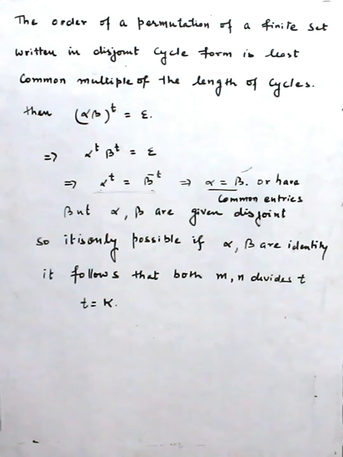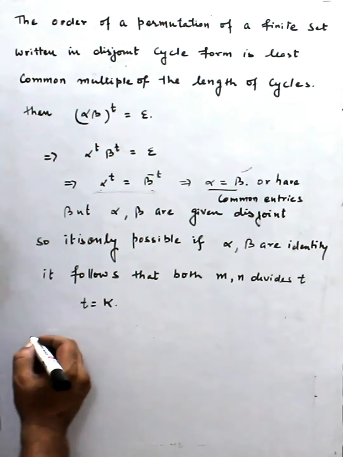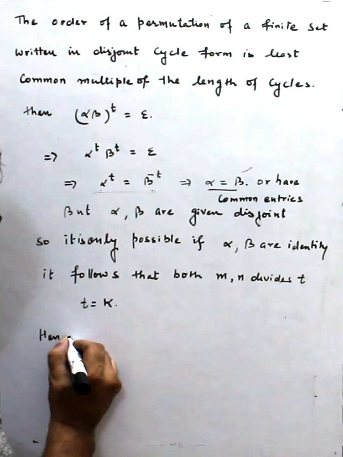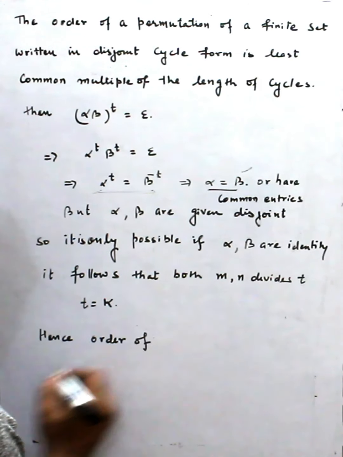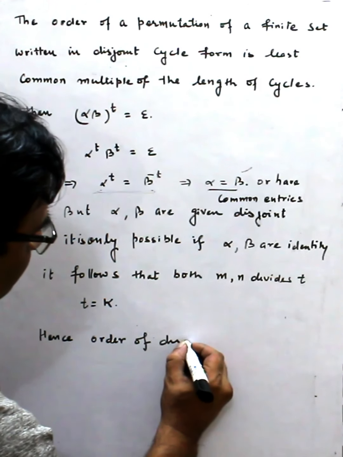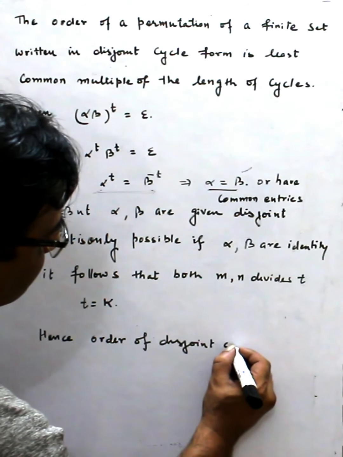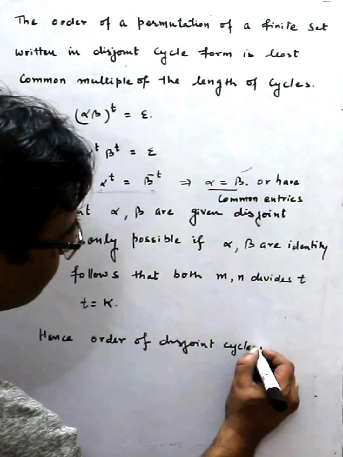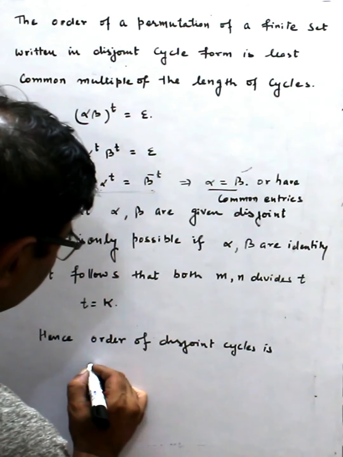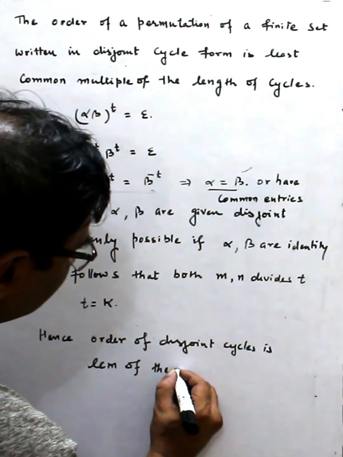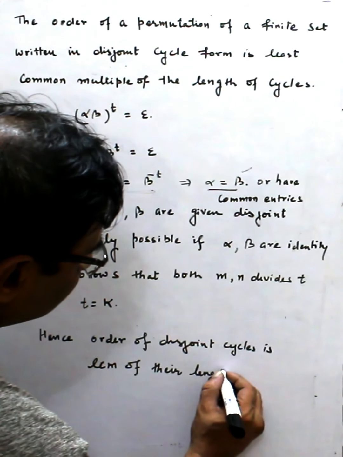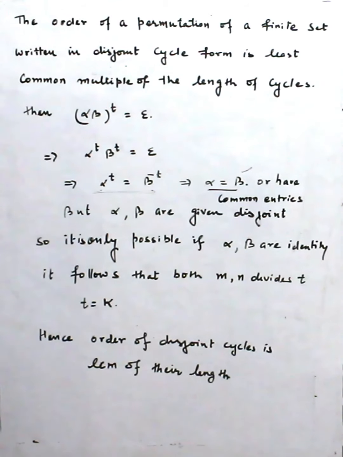Hence, the order of disjoint cycles is the LCM of their lengths, right? So this is where the theorem ended.